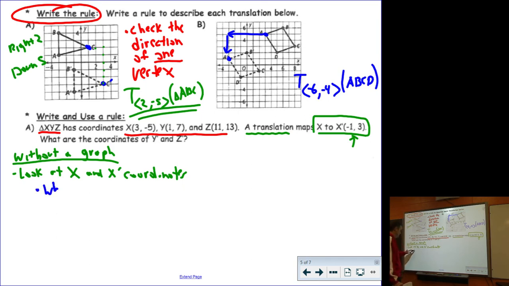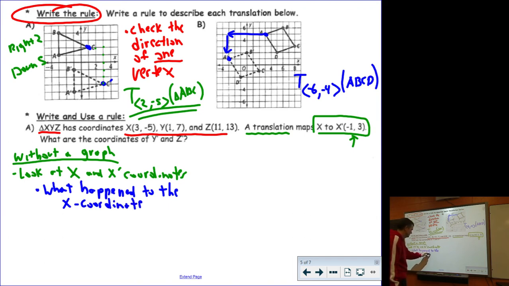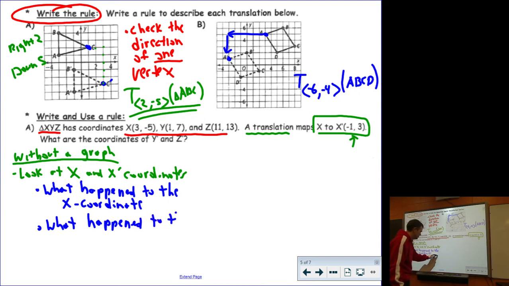And think about what happened to the x coordinate and what happened to the y coordinate.